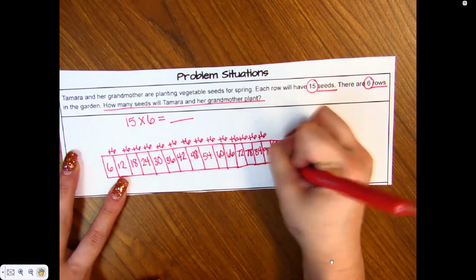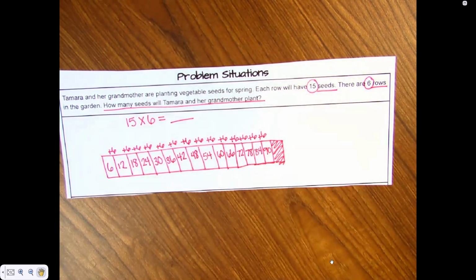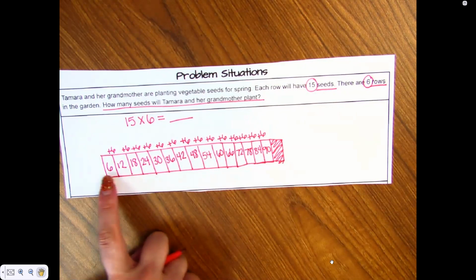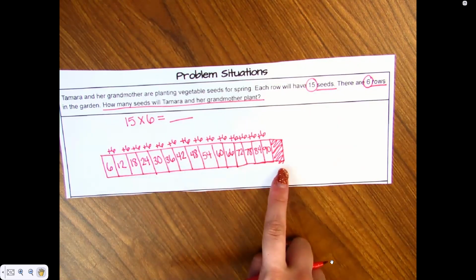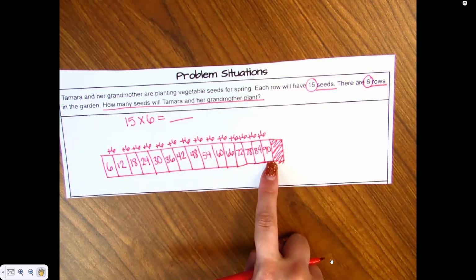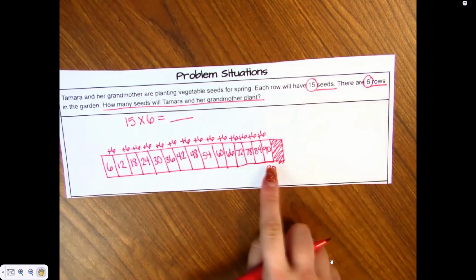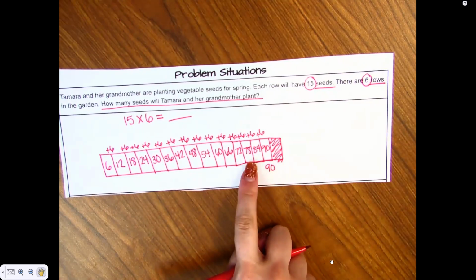So I don't need that one. I drew too many. Okay, so my answer is going to be 90, because these are my 15 strips. So this is 90. I got 90 on the end.